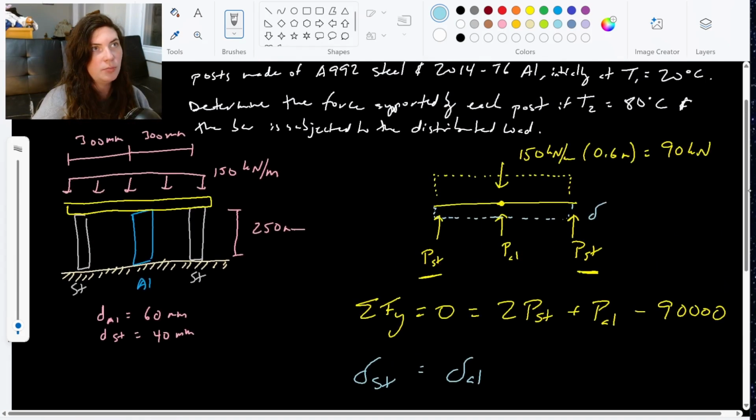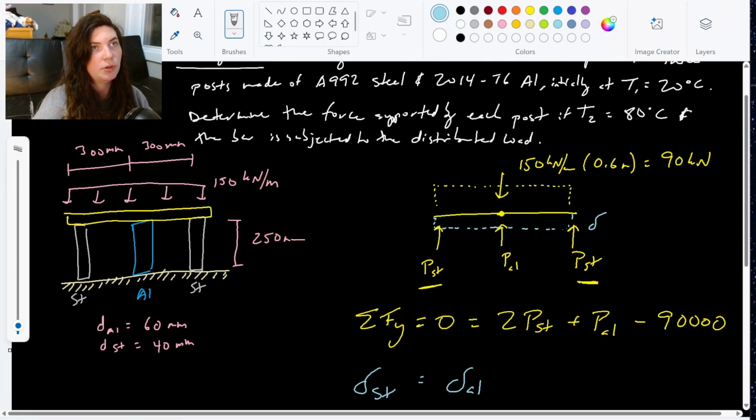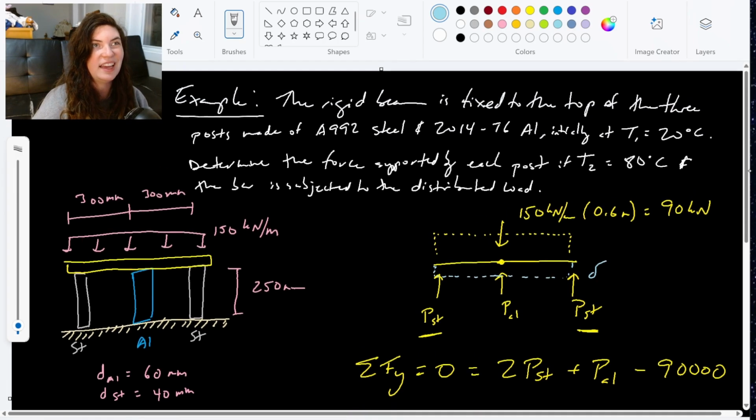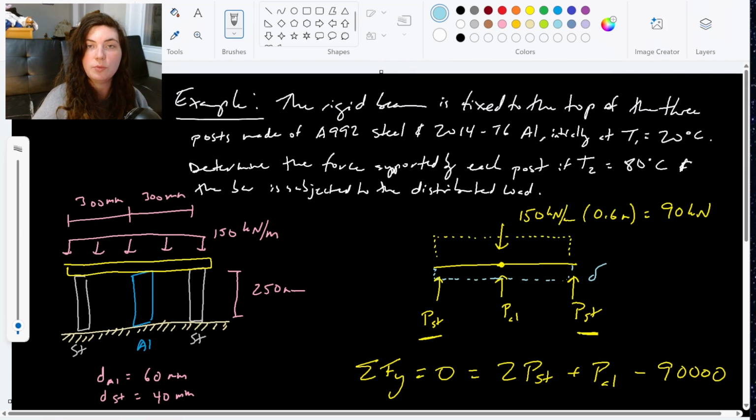So for our steel beam and our aluminum beam, remember we're being subjected both to that distributed load and to the thermal stress. So when we calculate the displacement for each of these, we're going to have to include both equations.